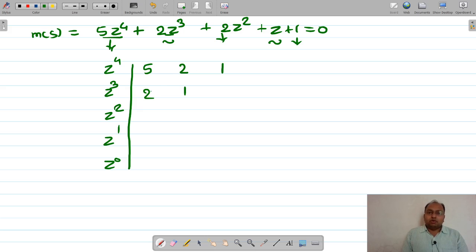Now 2 into 2 minus 5, so 4 minus 5 divided by 2 is 1 divided by 2.